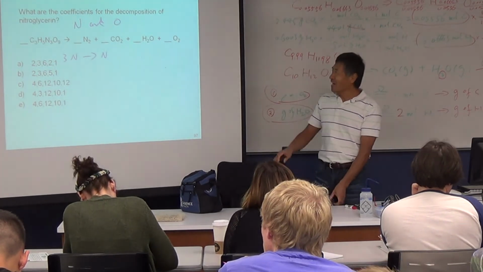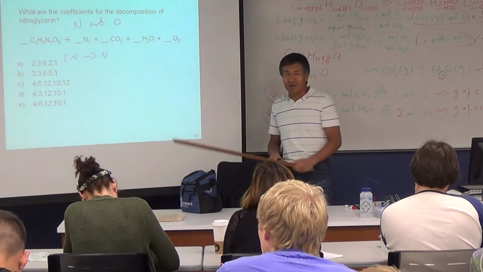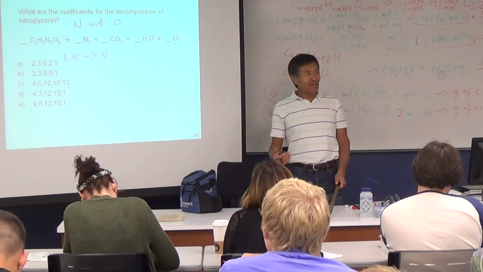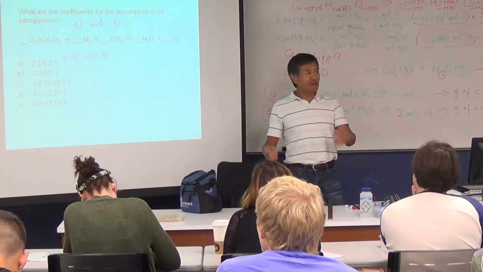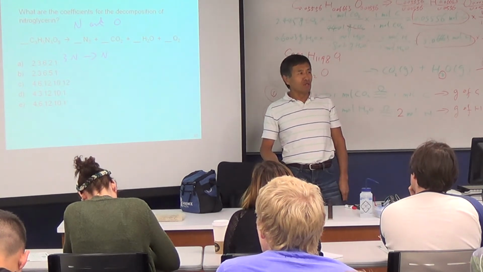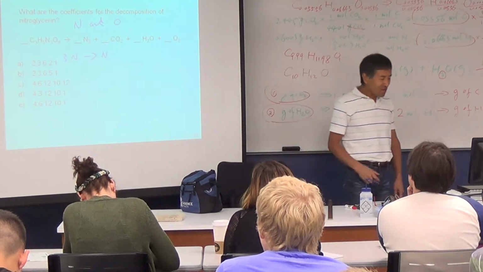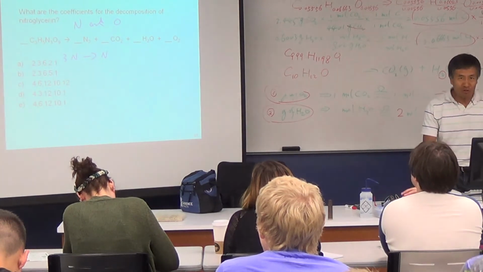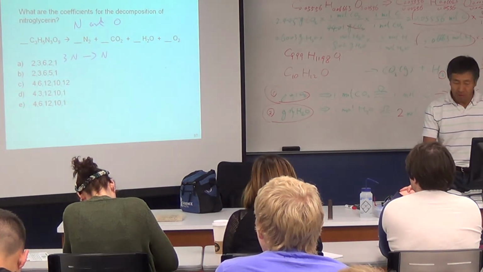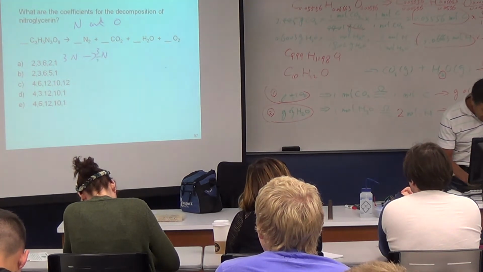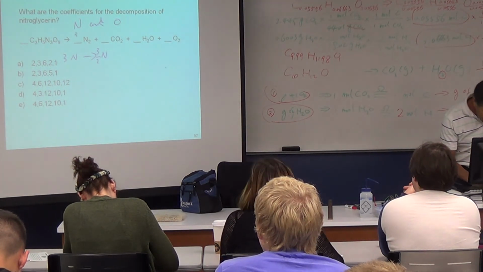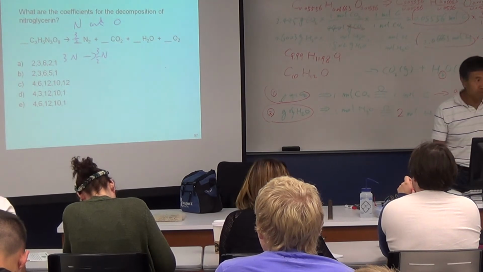On the right side each N appears as N2. You cannot break that N2 into N1. So how can you make a 3 from 2? Very good, you have 3 halves. So I will put a 3 halves here.